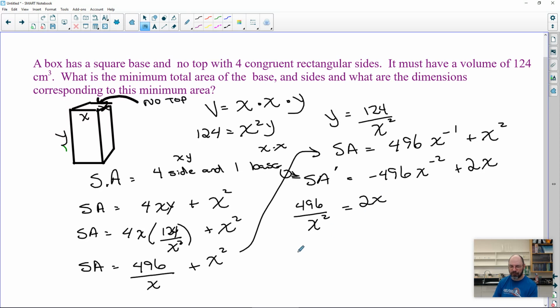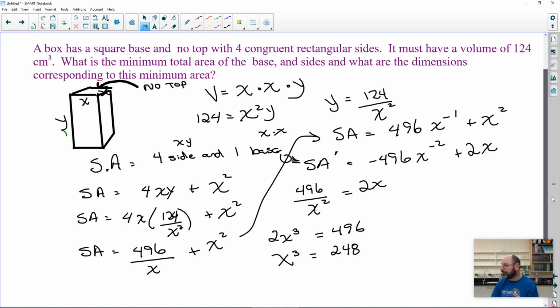Then we can cross multiply. We can say 2x cubed equals 496, because this is 2x over 1, so 496 times 1. Divide by 2 to get that 2 out of there, and you get x cubed is equal to 248.